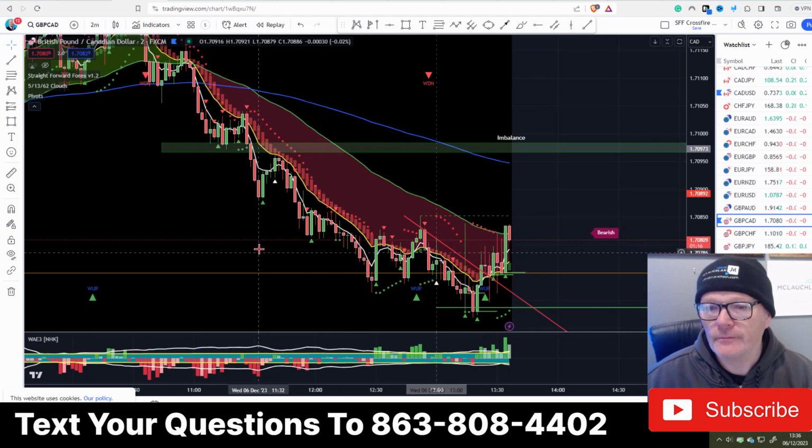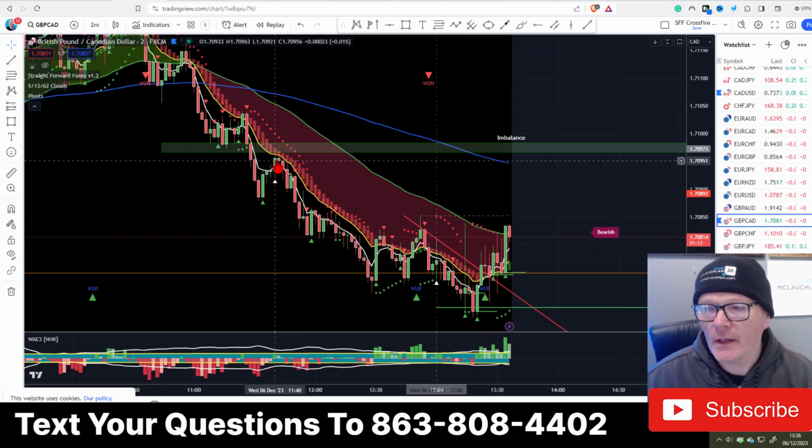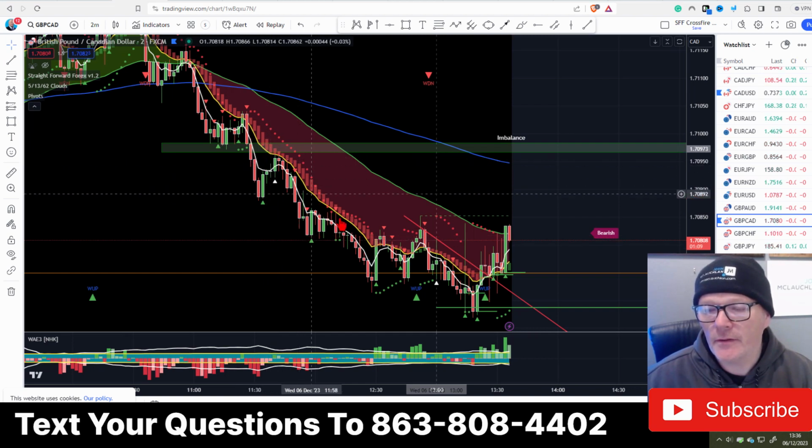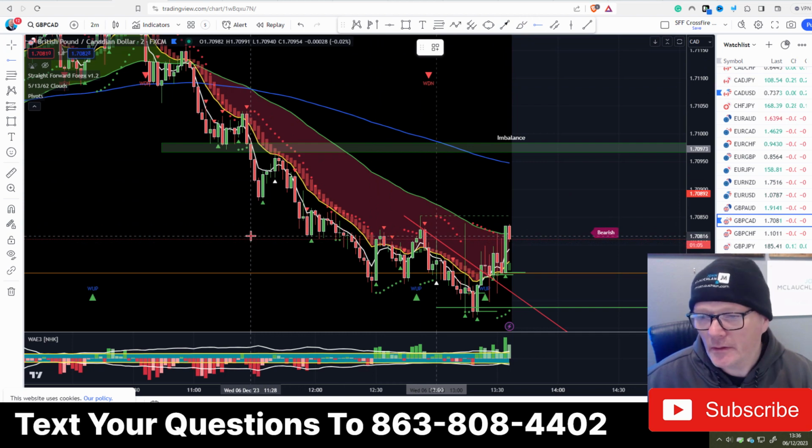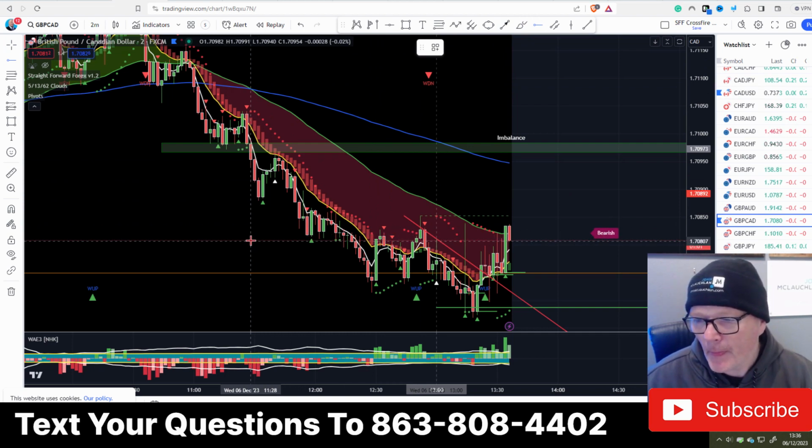Again, if you look at this area here, this is an area of interest. See, it's just where the price goes up, touches it and comes down. There, it's gone up and come down again.